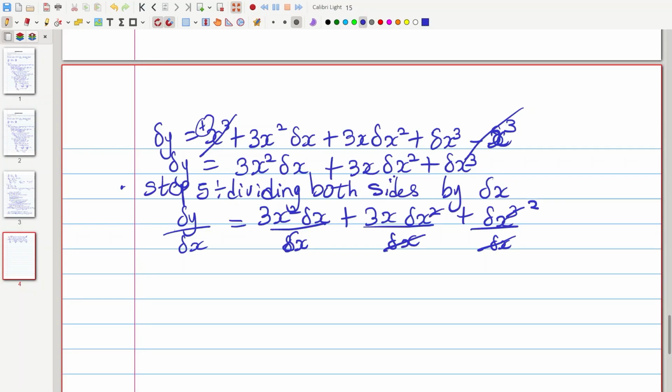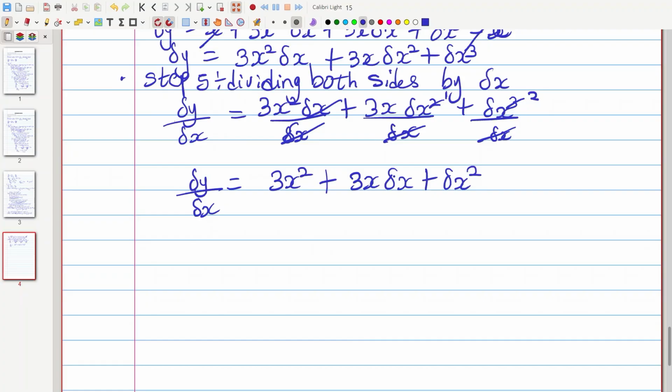This will cancel this, it will turn to 1, and this will cancel this. So it will be delta y over delta x equals to 3x squared plus 3x delta x plus delta x squared.